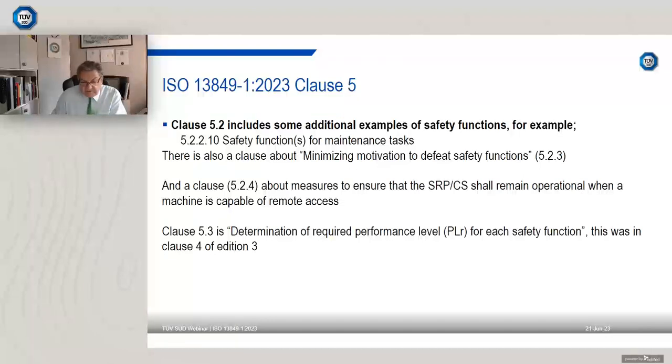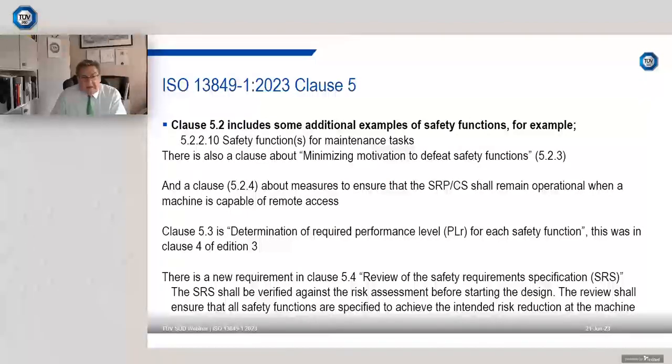The parameters are exactly the same as they are in Edition 3, but there is some additional guidance in Annex A about how to make choices between some of the parameters and the impact of that. That's intended to try and take some of the subjectivity out of the process. So there is a little bit of improvement there.